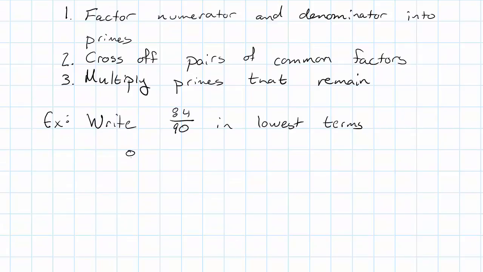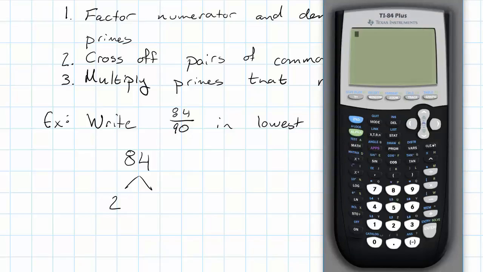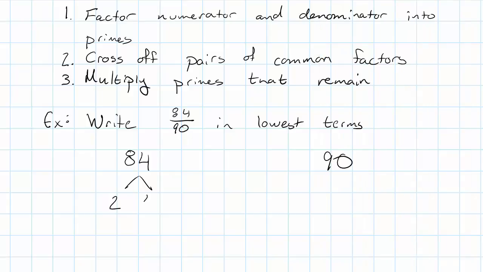So let's see. 84, well this is an even number, so it has 2 as a factor. To find the other factor, I'm going to use my calculator to take 84 divided by 2 is 42.